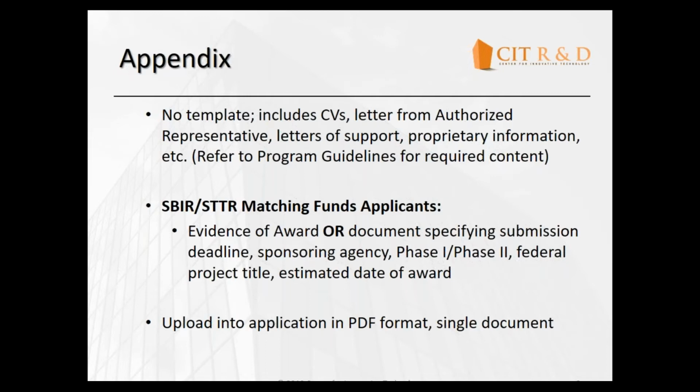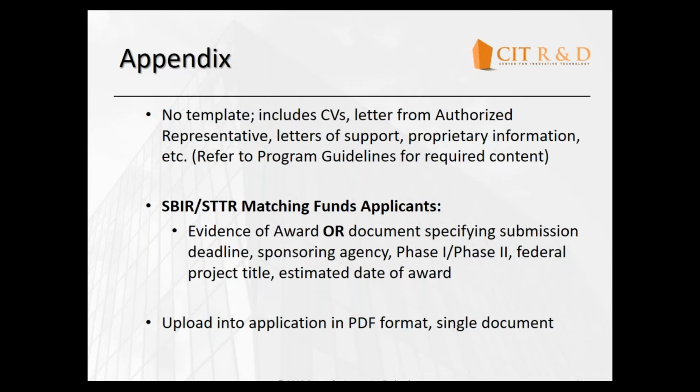For the SBIR and STTR matching funds programs, the requested documentation regarding the federal award is also to be included with the appendix materials. If you're providing a copy of your contract, we only need the signed first page.